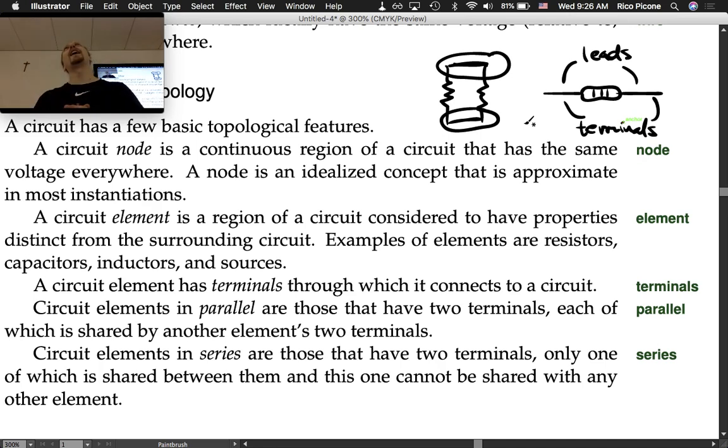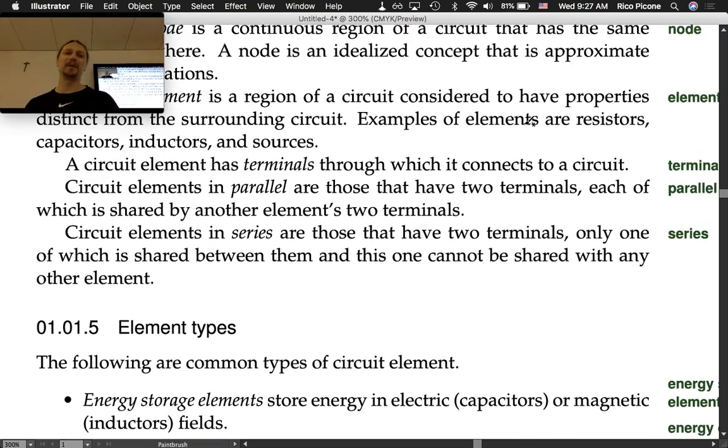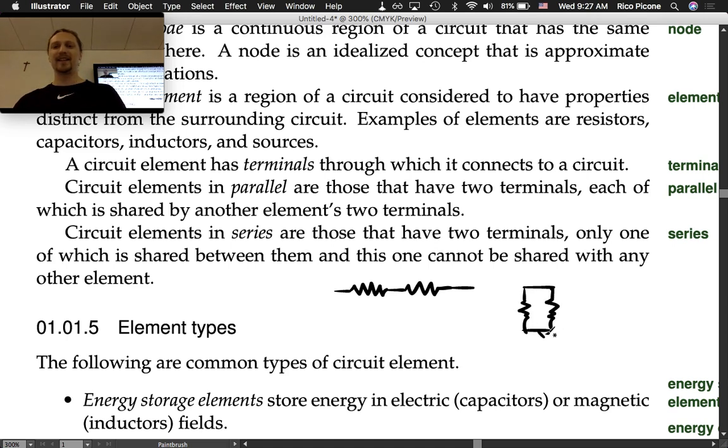Okay, so this is a huge gotcha. A lot of people have trouble determining if two elements are in parallel or in series, and I know if I do this, you guys will get the right answer. It's series. And then if I do what I drew before, this is in parallel.